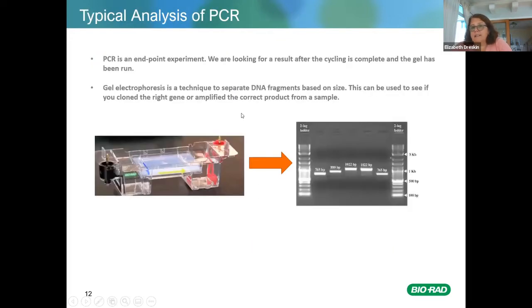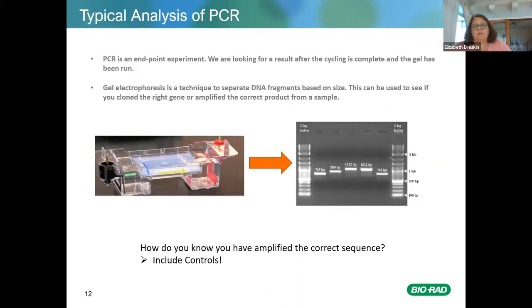And PCR is an endpoint experiment. We're looking for a result after the cycling is complete, and almost always by running it on a gel. Gel electrophoresis, as you know, is a technique to separate DNA fragments based on size. This is an example of an agarose gel. You can use this to see if you've amplified the correct product.